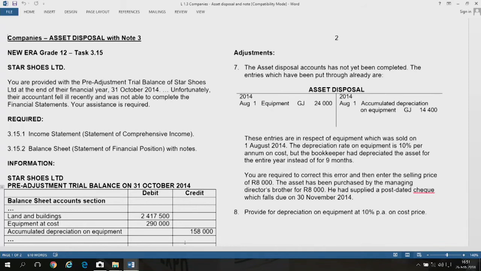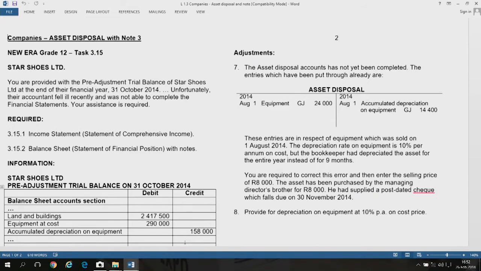And then we're also going to do the note, because the question was the income statement and then the balance sheet with notes. So basically, I'm going to do the ledger accounts to show you what you need to calculate to put in the income statement and the balance sheet. So we're basically going to do the rough.